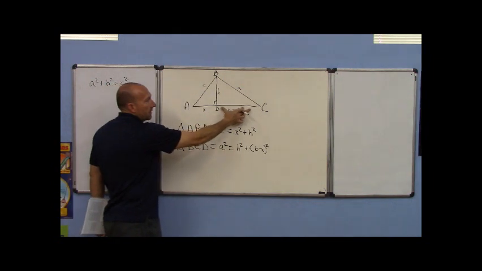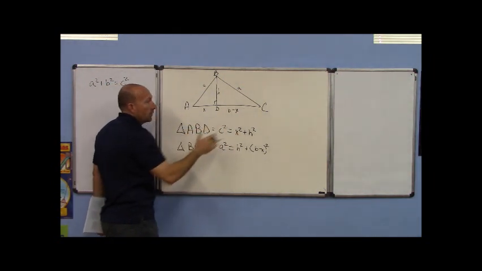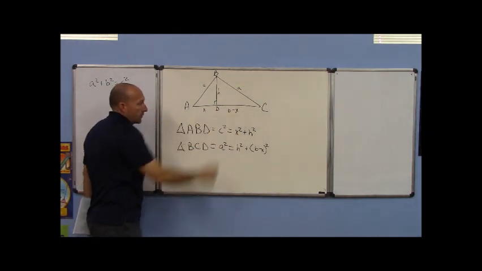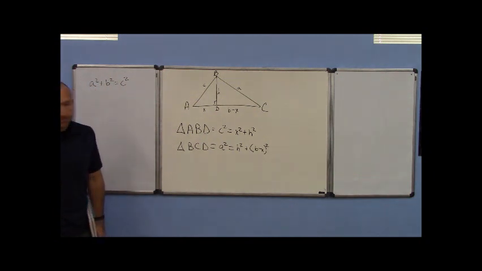Because b minus x is this side right here, and we have to square that whole side. Does that make sense? All right.